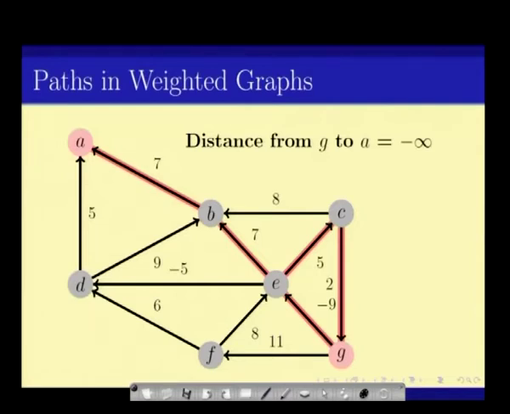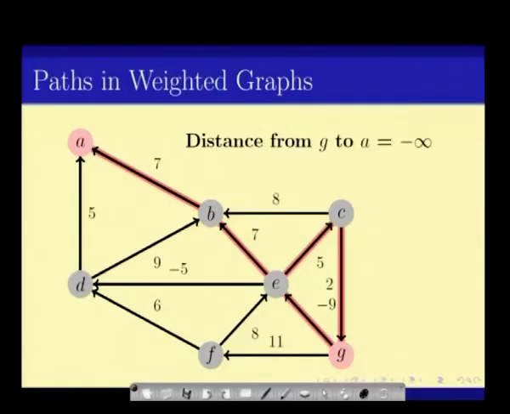Here are -9, 5 and 2, and so the length of the cycle is -2. Now if I want to go from G to A, I can keep on going around this cycle for an infinite amount of time, and then at some point decide to go to A, which means that I can really get the distance from G to A down to -infinity.